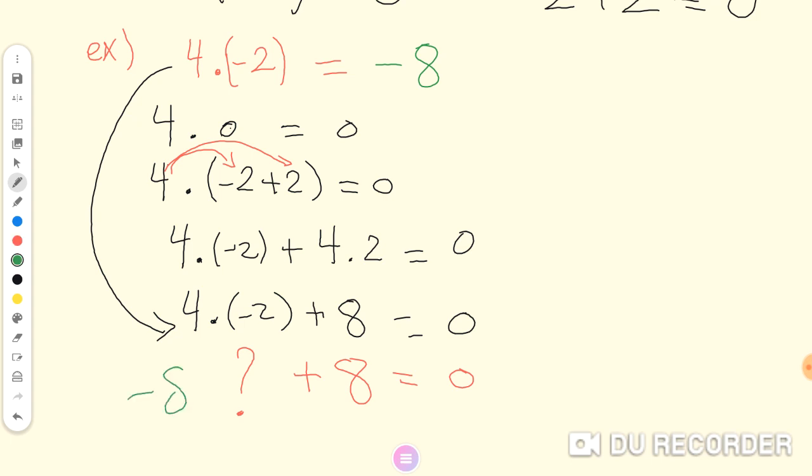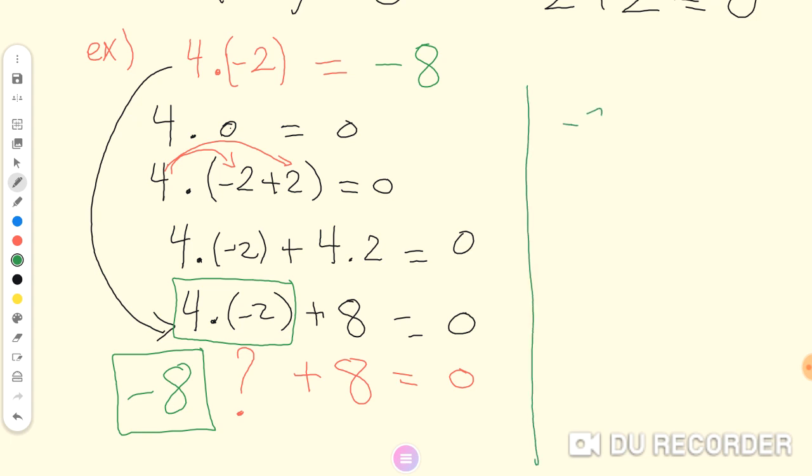So 4 times negative 2 equals negative 8. And this is the fact of how to multiply a positive number times a negative number. We do the same if we have negative 2 multiplied by 4. It will give me negative 8, the same.